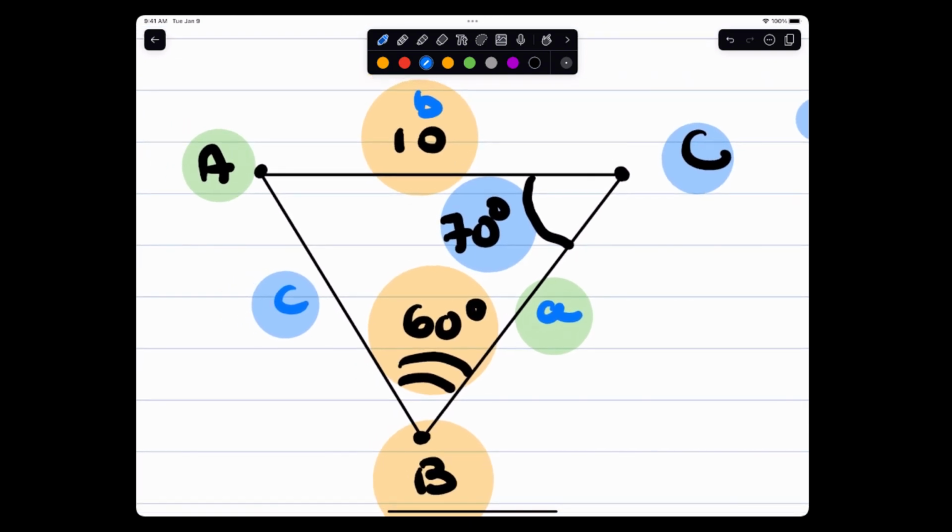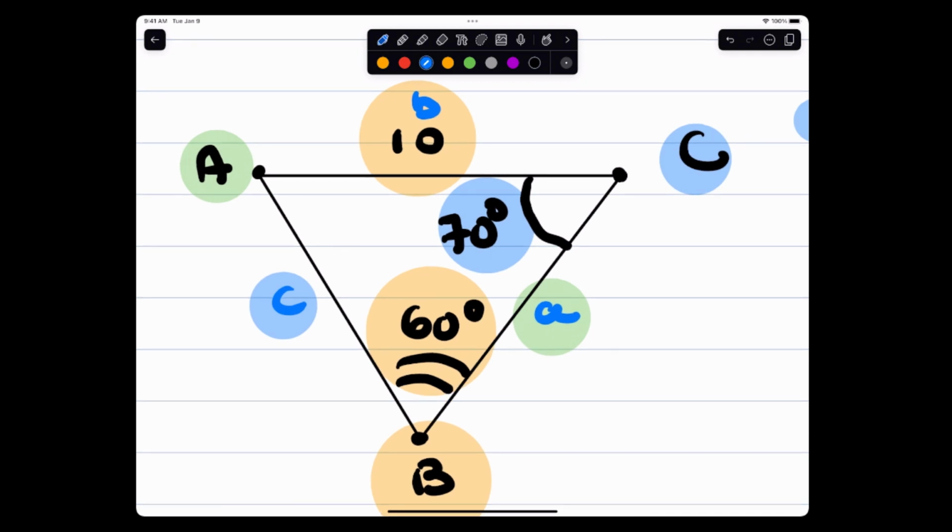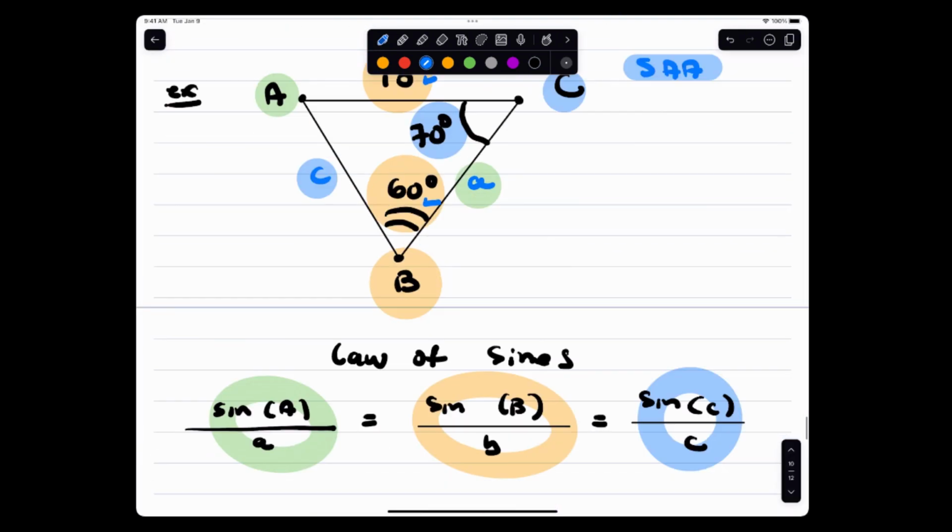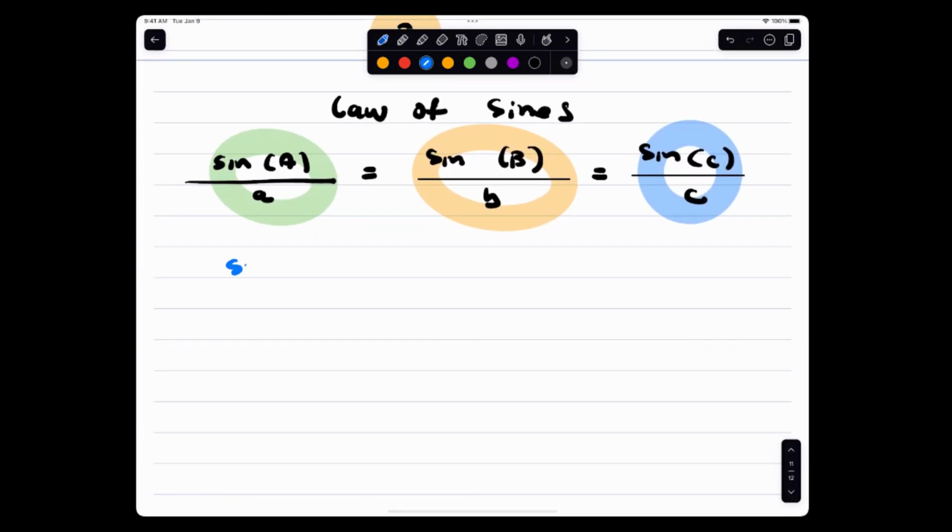So which color has the two known values? It has to be orange. So you say, what do you mean? Well, 60 degrees and the opposite side is 10. That's where you start. So sine 60 over 10.